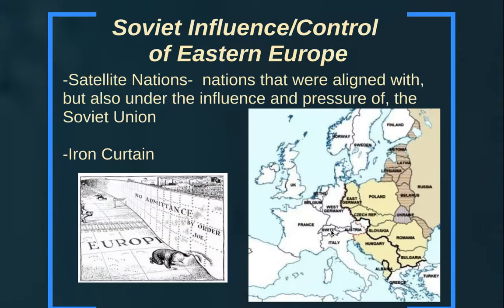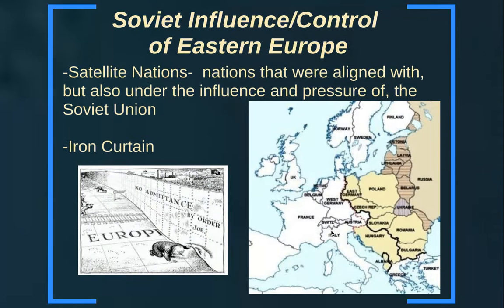Okay, so after the war is over, the Soviet Union is going to have its influence in Eastern Europe. So that is the countries over here that are yellow. So Estonia, Latvia, Lithuania, Belarus, Ukraine, Poland, Czech Republic, East Germany.